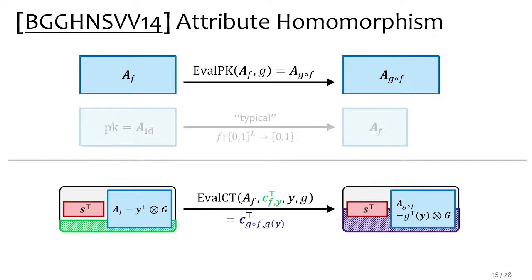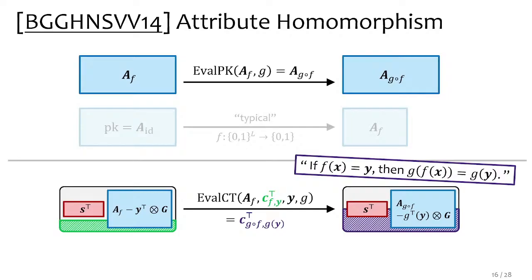Suppose you have an encoding. Well, okay, let me do the next animation first. If you know f(x) is equal to y, then you know g(f(x)) is equal to g(y).